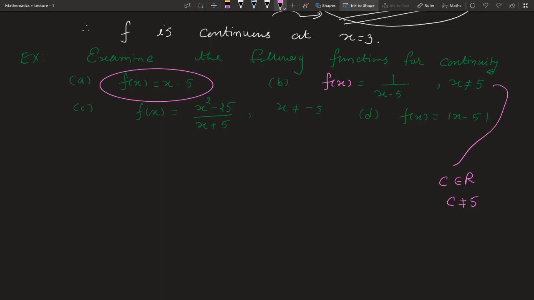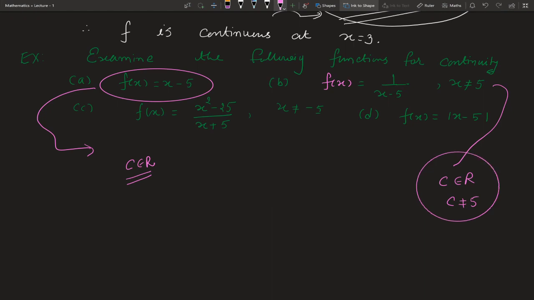Again, note the difference. Here in general we will check continuity by taking c belongs to R and checking continuity at an arbitrary point c. If it is continuous at c, then since c belongs to R is arbitrary, we can claim that the function will be continuous on R. For the second one, it is defined for c not equal to 5.